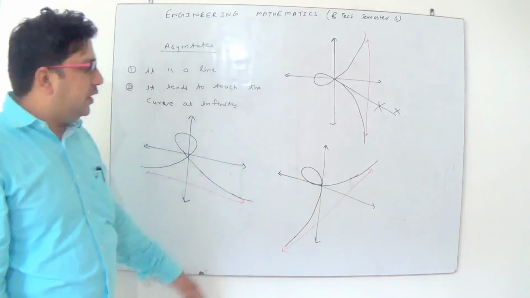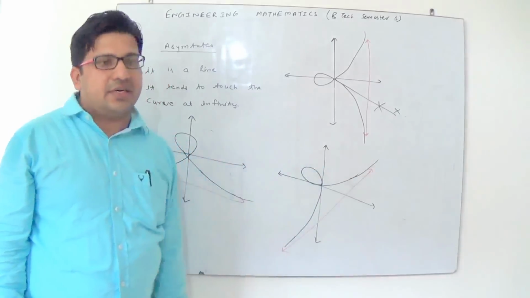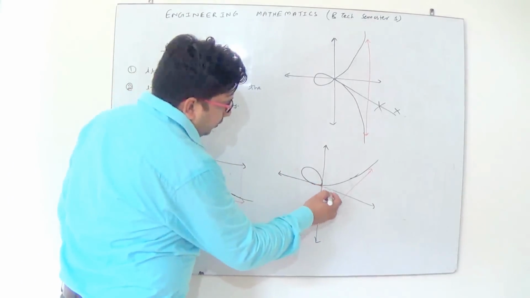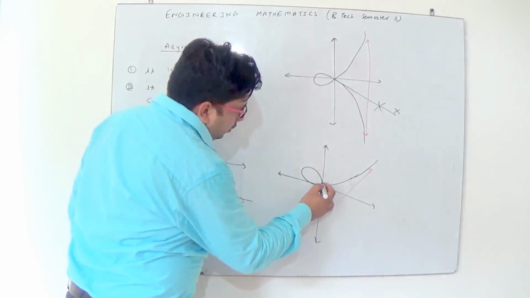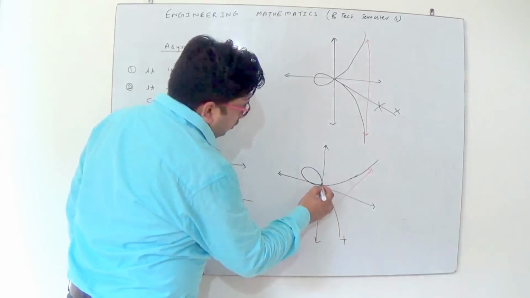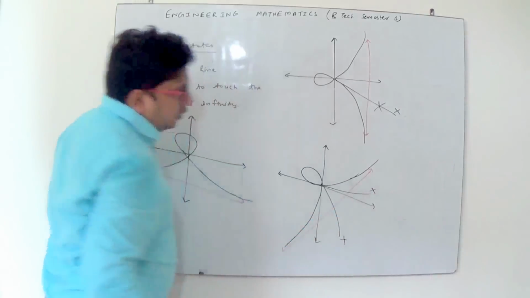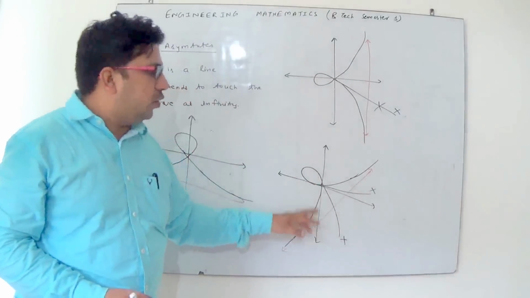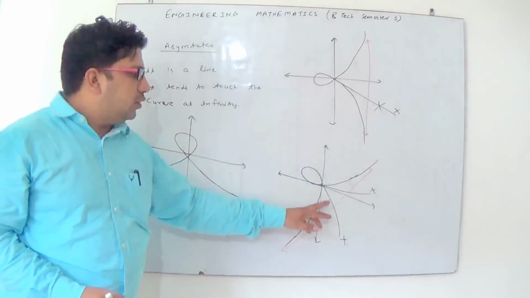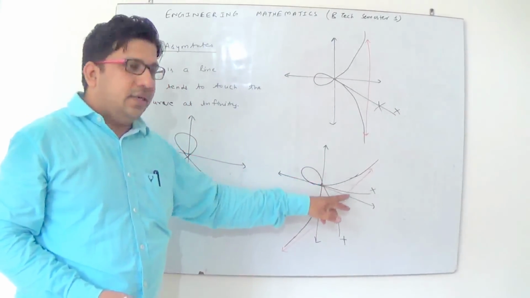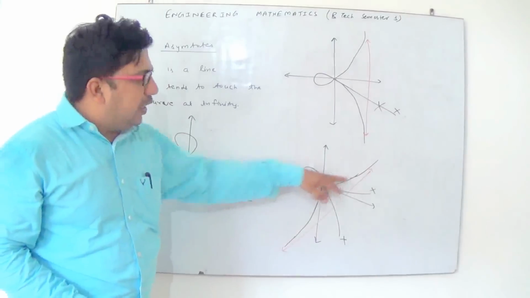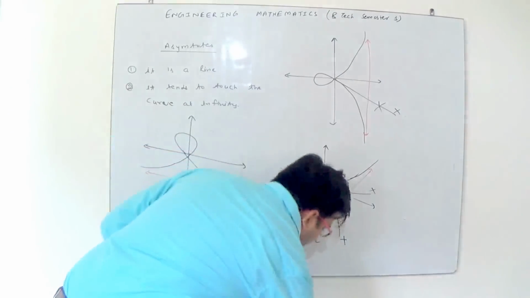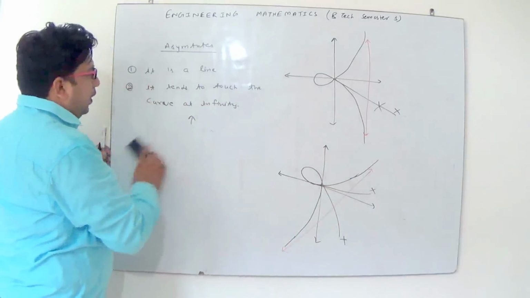Again, in this very case, the curve and asymptote will never cut each other. Obviously, we can't draw the curve like this. Because this is the asymptote, the curve can't cut the asymptote, so it must move like this. Then and only then it will satisfy the condition of an asymptote.